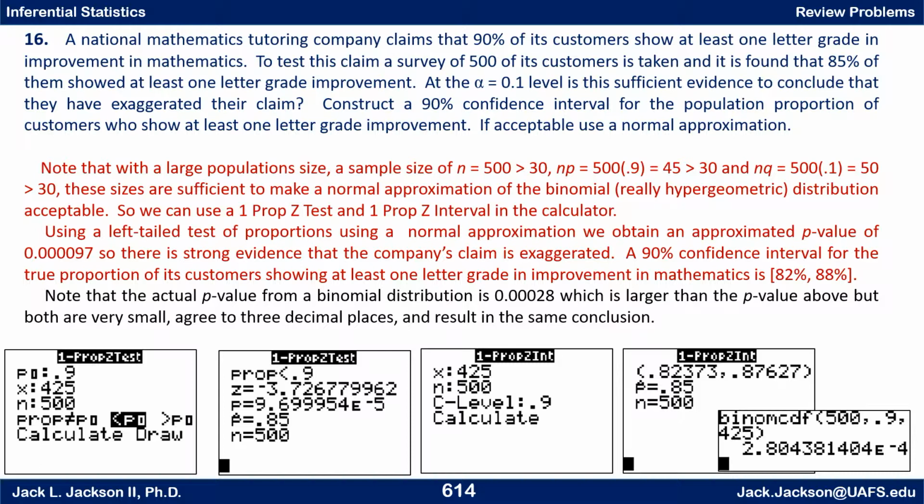We used our program. We just used a 1 proportion z test. The p-naught is 0.9, because they claimed it was 90%. The x value is the number of successes. That is 85% of 500, 0.85 times 500. That's not NP here.